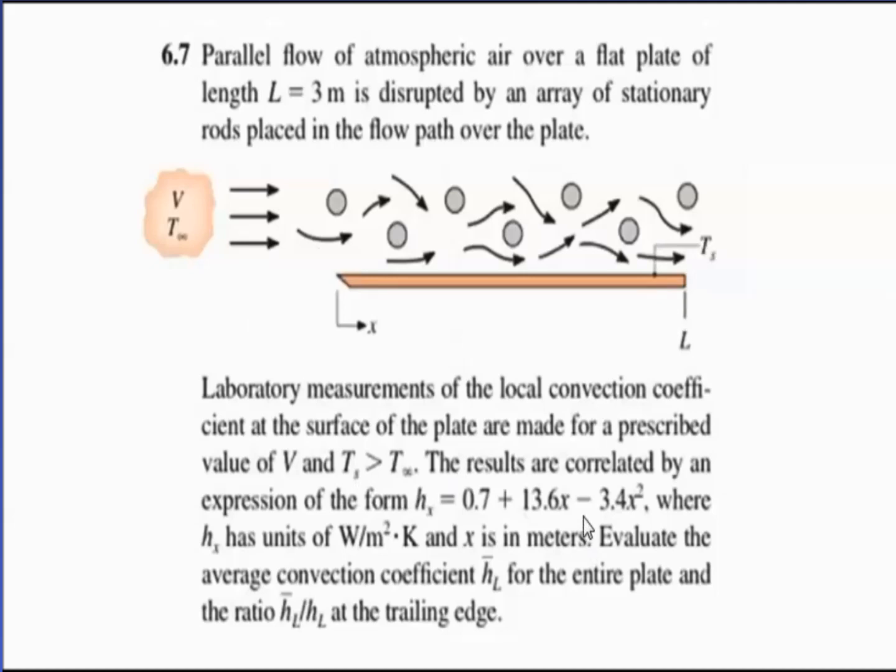The results are correlated by an expression of the form h sub x is equal to 0.7 plus 13.6x minus 3.4x squared, where our h sub x has units of watts per meter squared Kelvin, as we'd expect, and x is in meters. They want us to then evaluate the average convection coefficient, our h bar value, for the entire plate and our ratio here at the trailing edge.